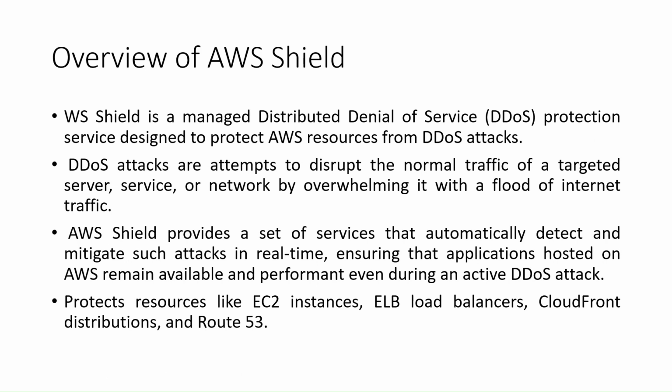AWS Shield provides a set of services that automatically detect and mitigate such attacks in real time. It ensures that applications hosted on AWS remain available and performant even during an active DDoS attack. It protects resources like EC2 instances, Elastic Load Balancer, CloudFront distributions, and Route 53.